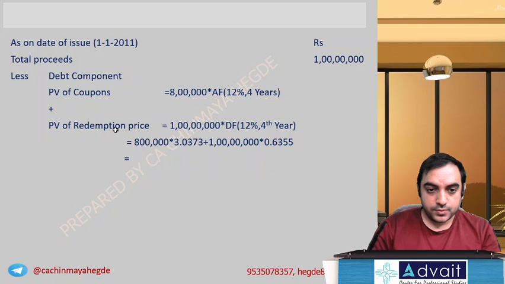That will give you 63,55,000 approximately.